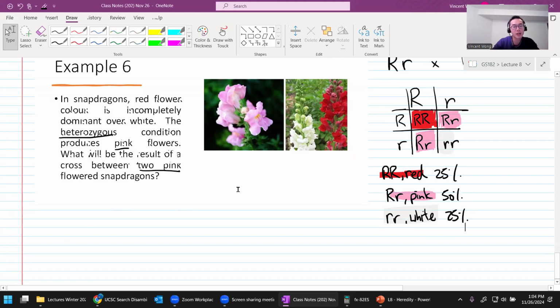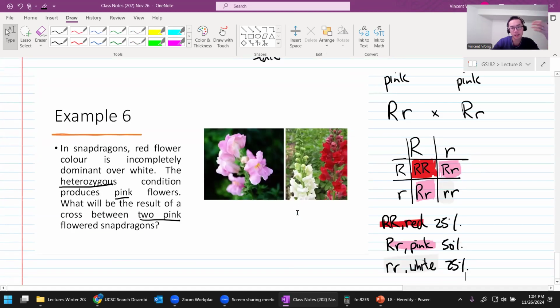So how do I guarantee I produce pink flower? Right? It's kind of counterintuitive at first glance. Like you take a pink flower and you cross a pink flower, and actually only half of them would be pink. So what parents should we start with to guarantee the highest yield of pink flower?